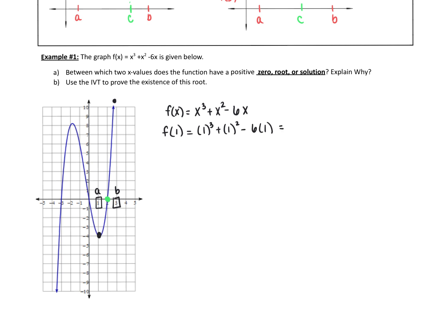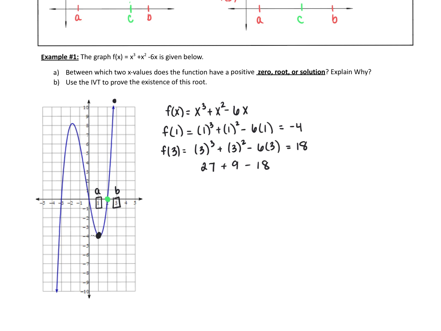So 1 plus 1 is 2, minus 6 is negative 4. And that proves here, right? That's my y value. And f of 3, since we can't see it on the graph, we can find it. So 3 to the third plus 3 squared minus 6 times 3. So what's this? 27, 9, and 18. So that gives us 18.